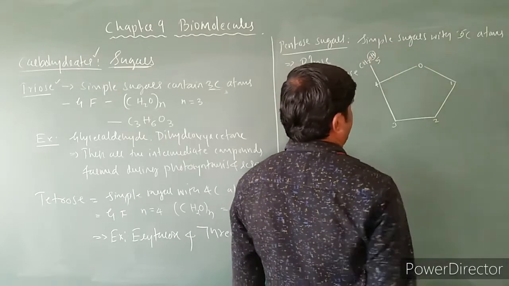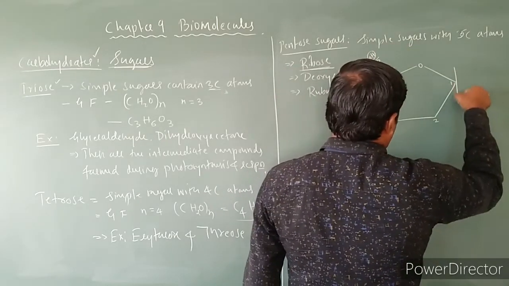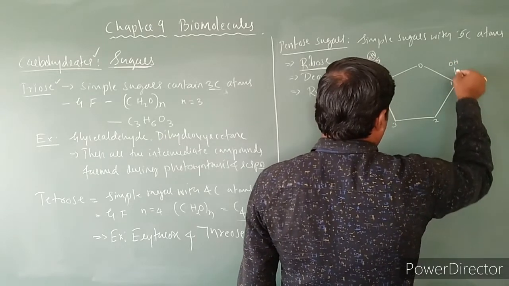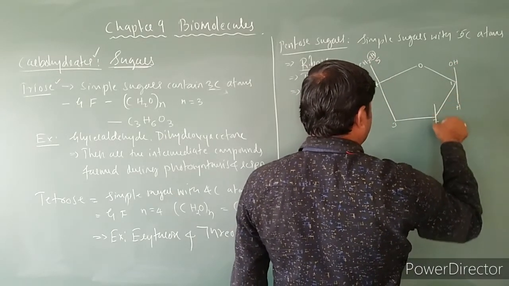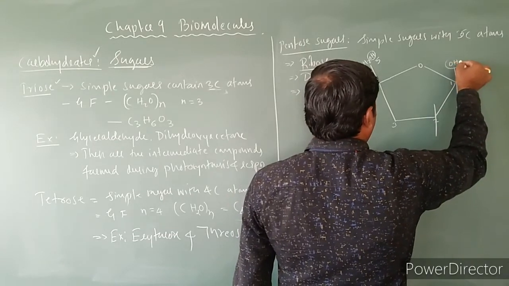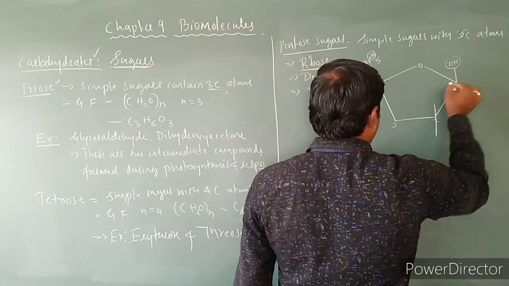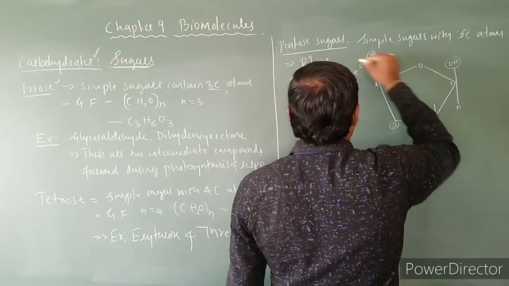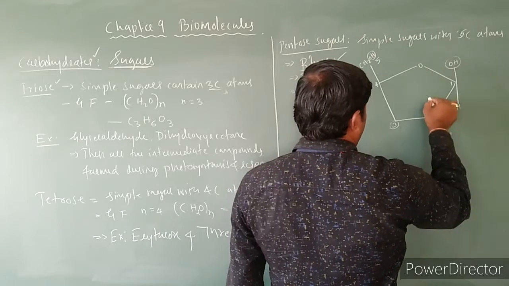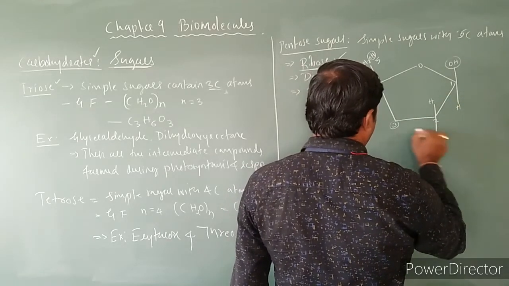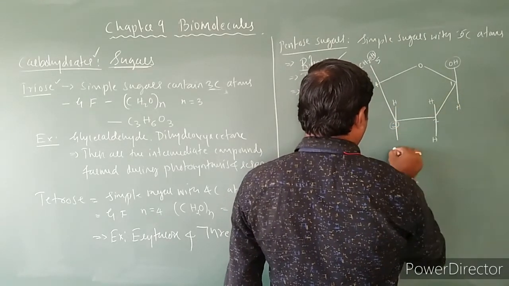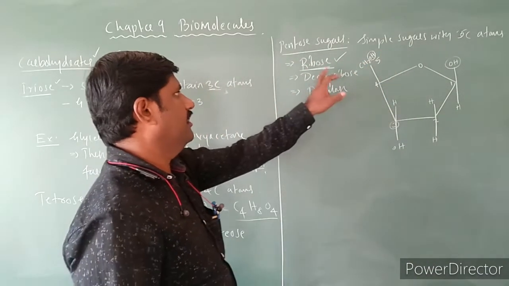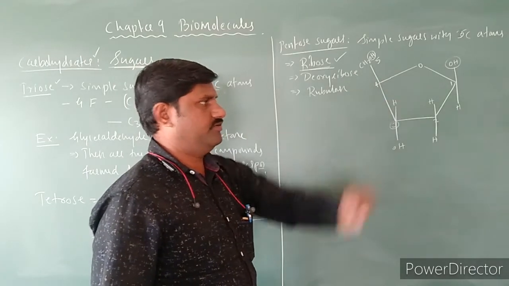OH groups are present on the first, second and third carbons, and on the other side it is H and OH. This is ribose, one pentose sugar.